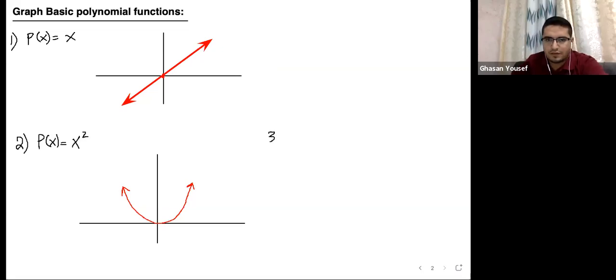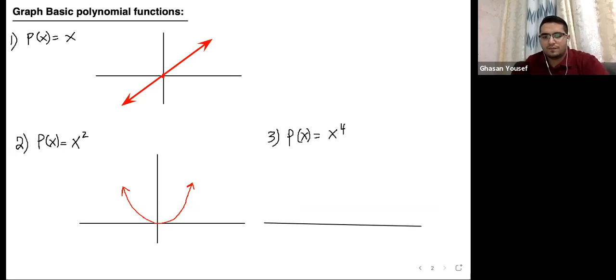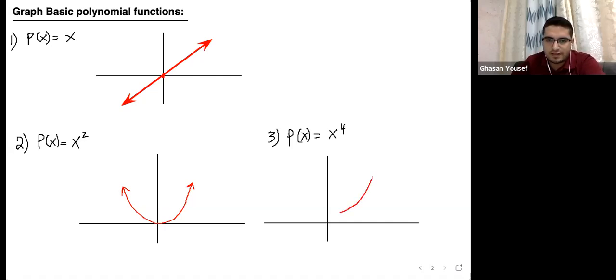Here number 3, p of x equal x to the power 4, has the same thing. Parabola, open upward. But the difference from x squared is that it is shrinking, closing toward 0, like this.